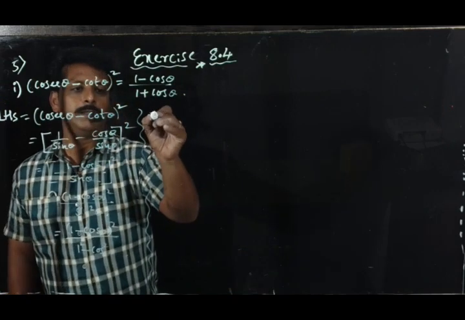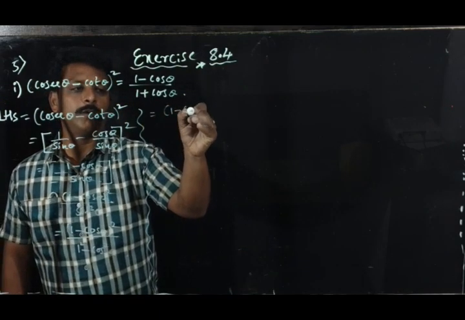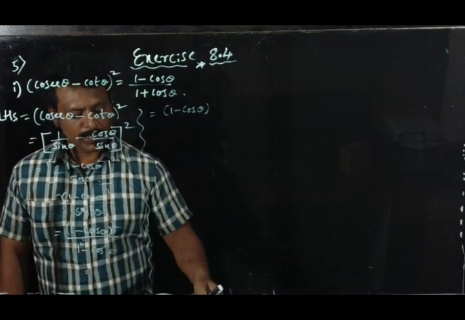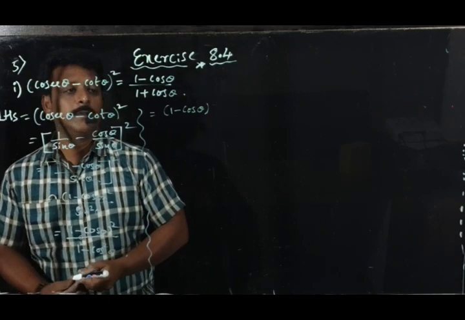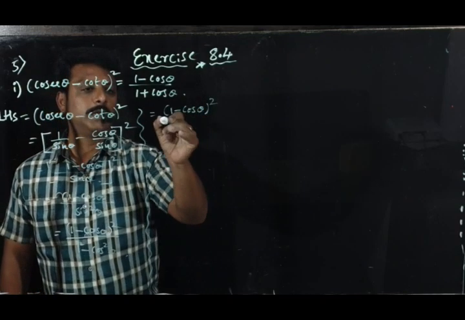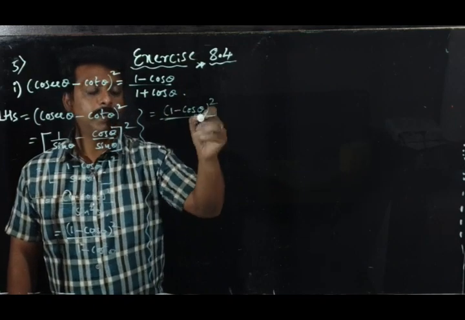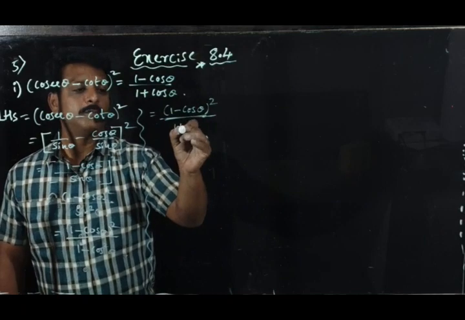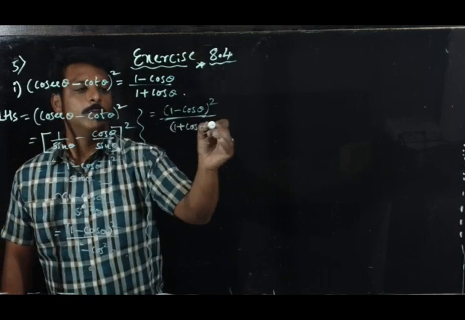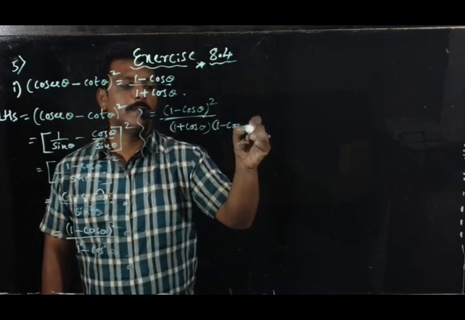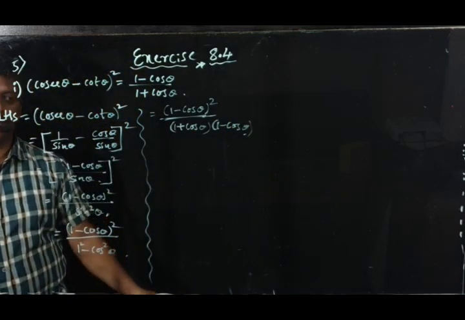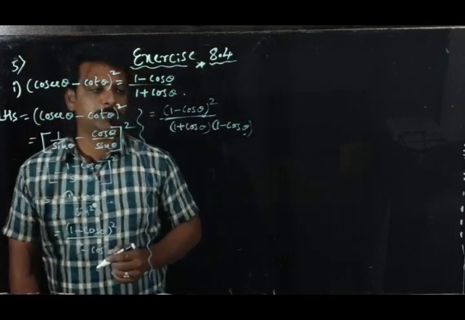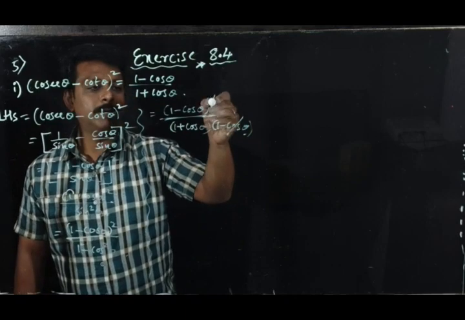I will continue here: 1 minus cos theta whole square divided by 1 plus cos theta into 1 minus cos theta. Now see here, you have 1 minus cos theta in both places, so one bracket cancels with the other.